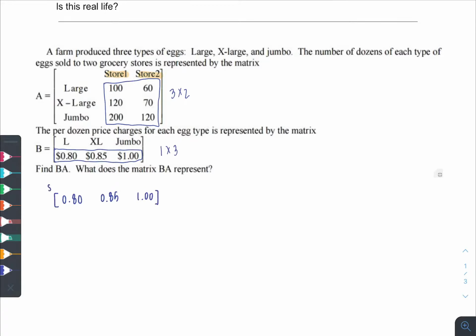And these are all in dollars, by the way. And then we're going to have our next matrix, which is the 100, 60, 120, 70, 200, 120.